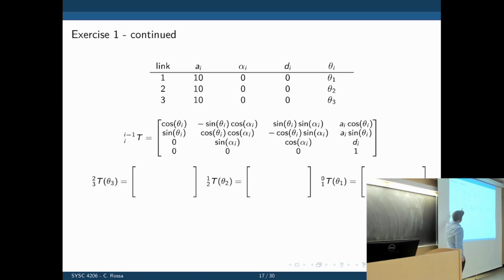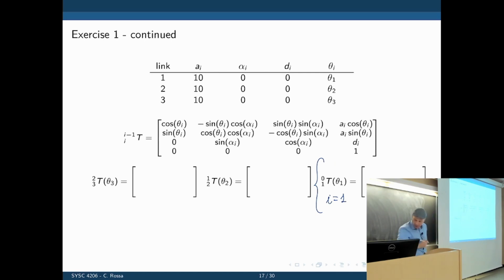We simply take the table and there's an input here. For the first transformation, that would be when i is 1. That transformation goes from frame 1 to frame 0. How do we get that now? Well, we look at line 1. We input the numerical values here and see what comes out.